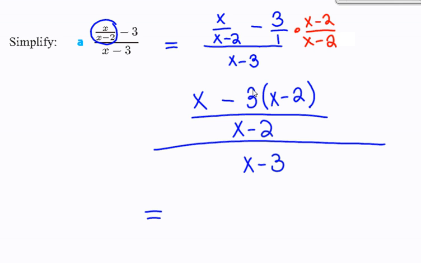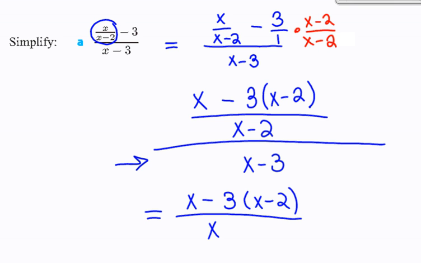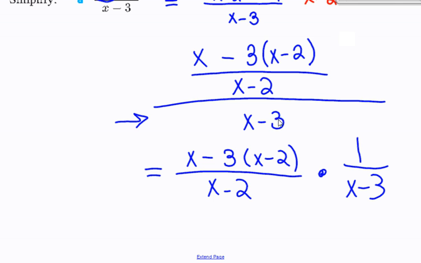Okay, if we're dividing by this x minus 3, it's the same as multiplying by 1 over x minus 3. So what we really have here is our numerator, which is all of this, times 1 over x minus 3. Okay, and we'll want to distribute our like terms.